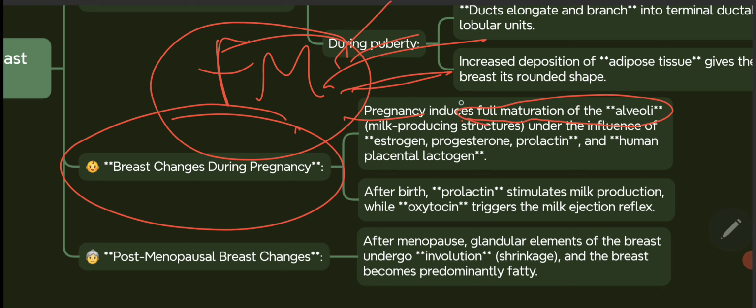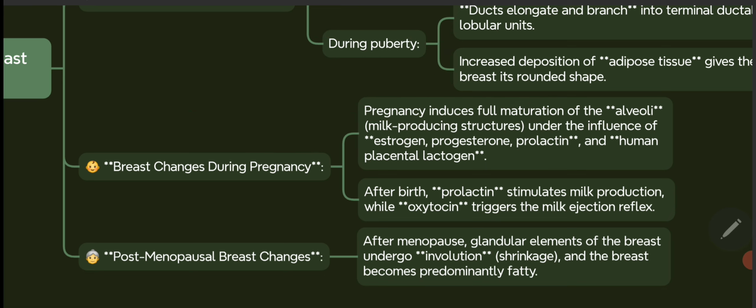Human placental lactogen also helps the milk production. After birth, prolactin stimulates milk production. Prolactin comes from where? Pituitary. It causes the milk production, while oxytocin triggers the milk ejection.